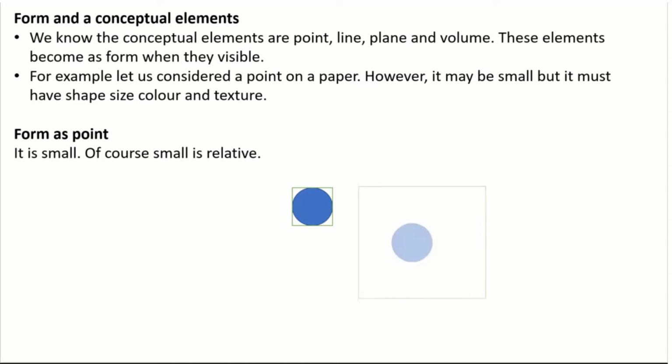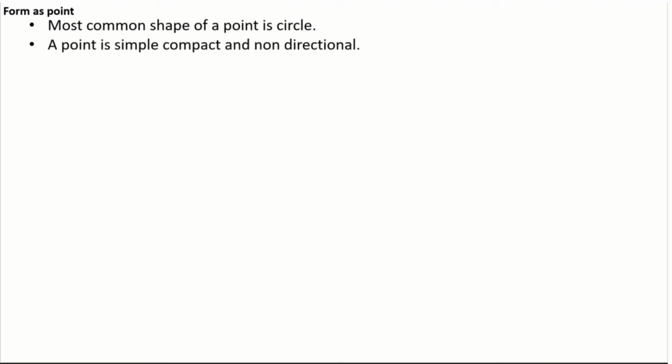The same circle I'm considering in a big square, which is also inscribed, but as compared to that square, the same point as a circle is appearing small. So this form as a point is of the most common shape, a circle. Of course, the point may be simple, compact, and non directional.